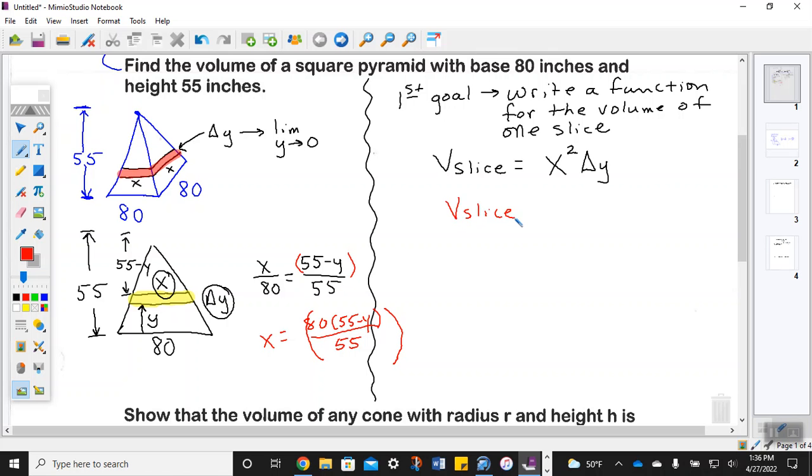The volume of one slice would be the following. What are you going to replace with x? 80 times 55 minus y over 55. Okay, so it's going to look like this. 80 times 55 minus y all over 55 to what power? Times what's the height here then? Delta y. Okay. That's just the volume of what?